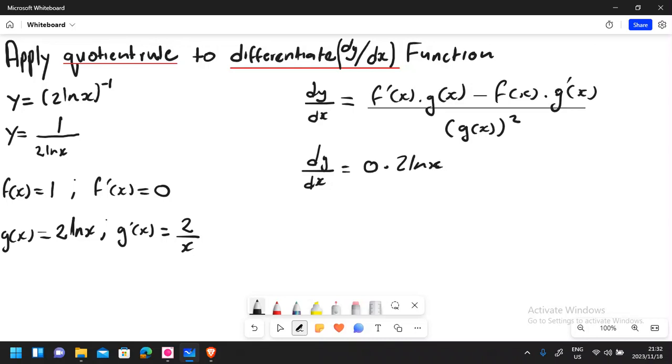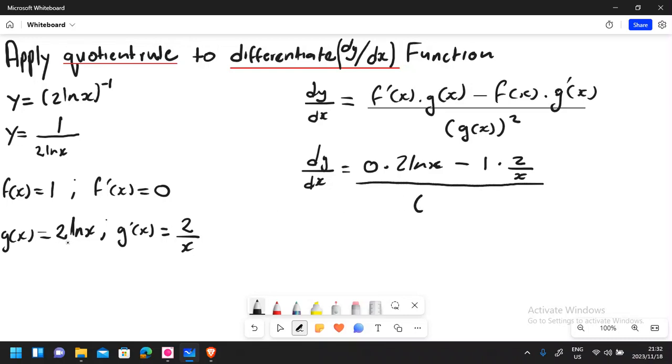All right, minus. Now on the second term, f of x is 1, and then 1 multiplied by the derivative of g of x, which is 2 over x. There we go. This is divided by g of x squared.